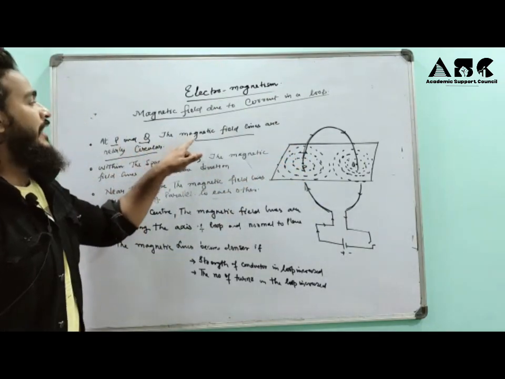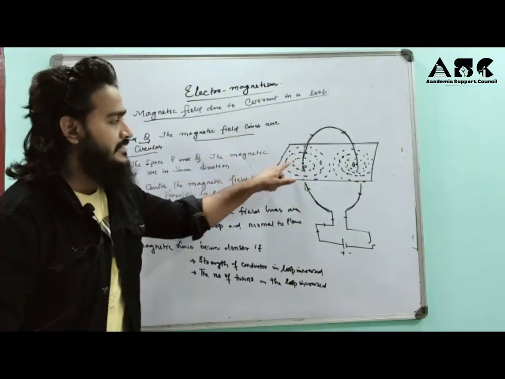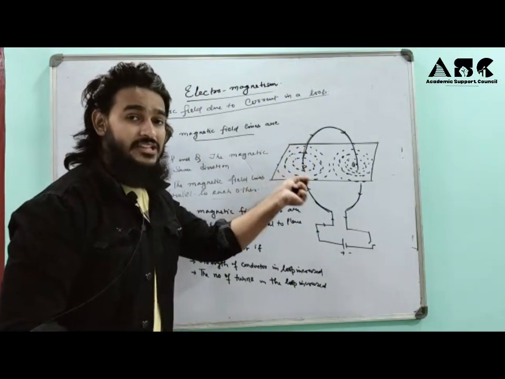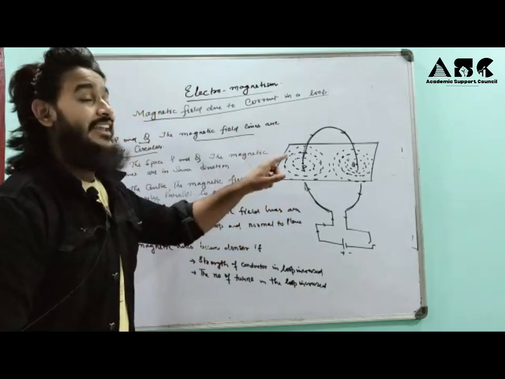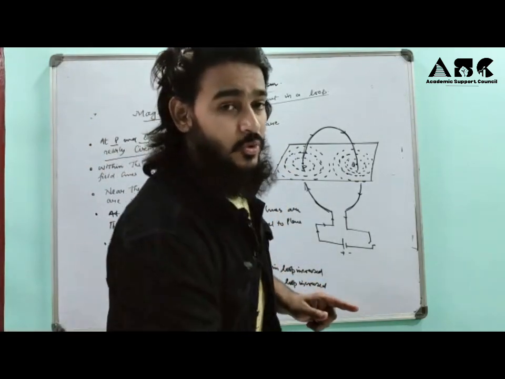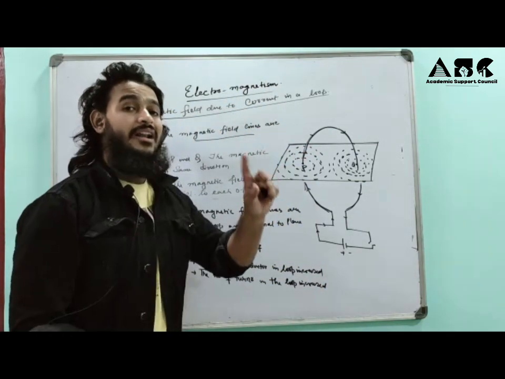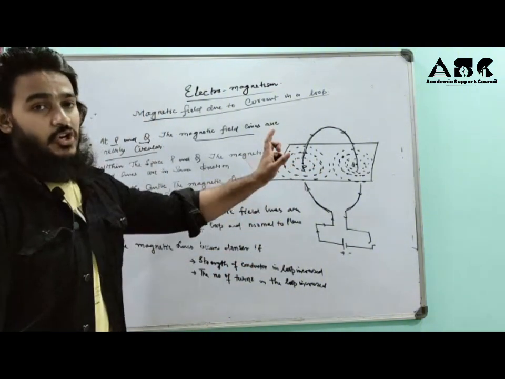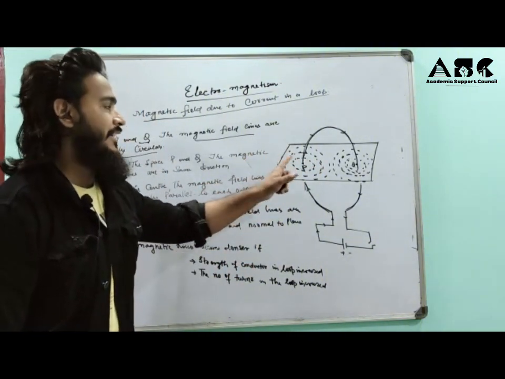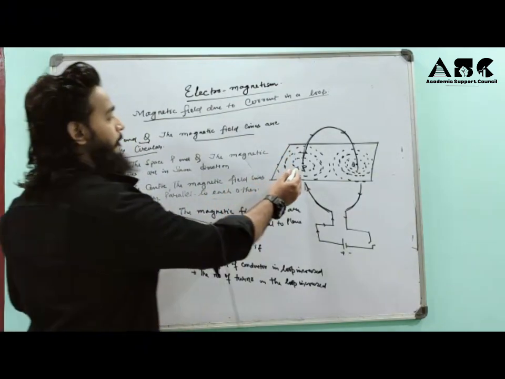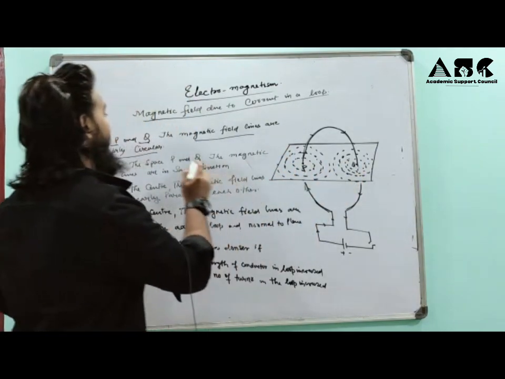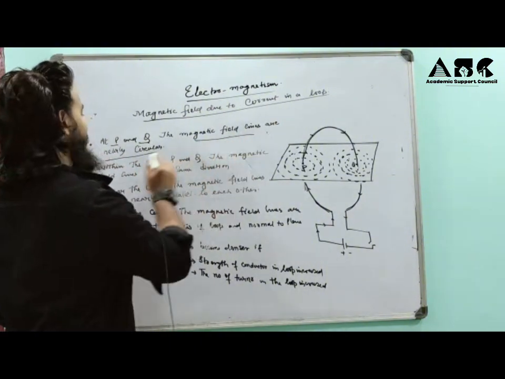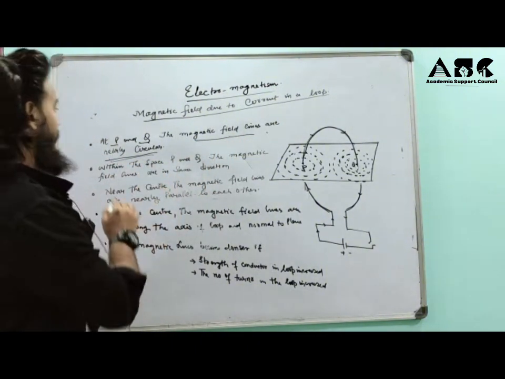The iron filings look like circles and indicate the magnetic lines of force. The direction we can find through either the compass or the right hand thumb rule. So at the points P and Q, the magnetic field lines are nearly circular.